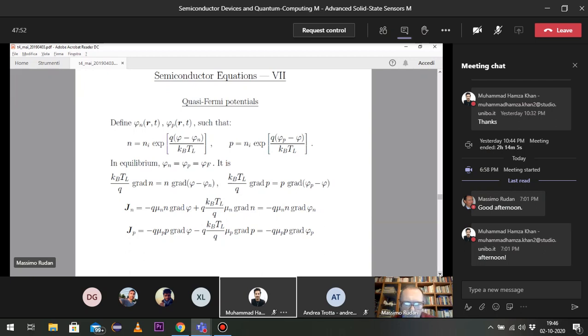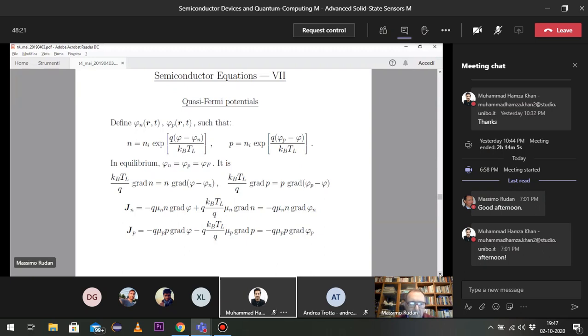Why do we adopt these definitions? Because if we are in the equilibrium condition, you remember n can be written as n_i times the exponential of q over kT (phi minus the Fermi potential, phi f), okay? And the same for p, okay?